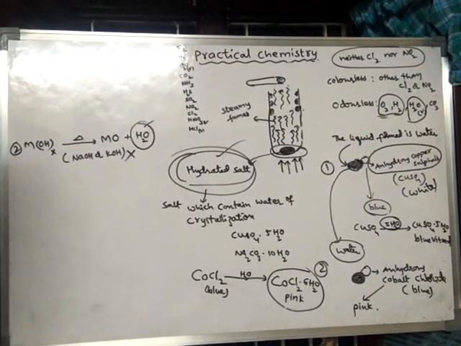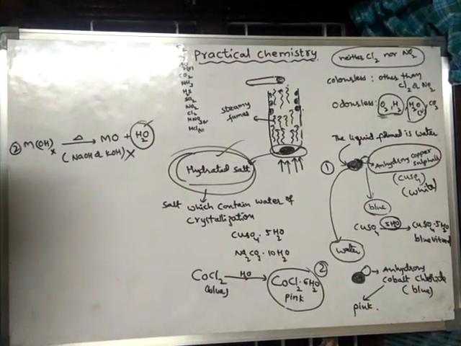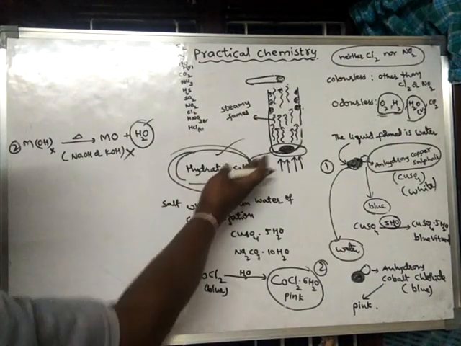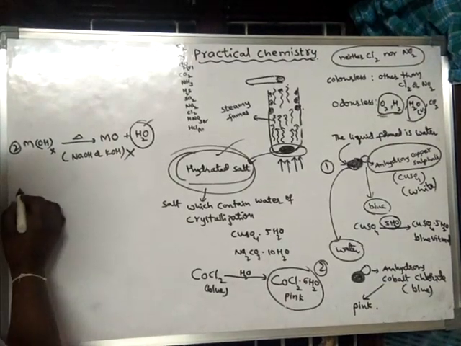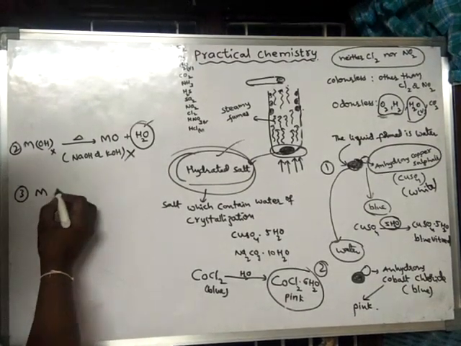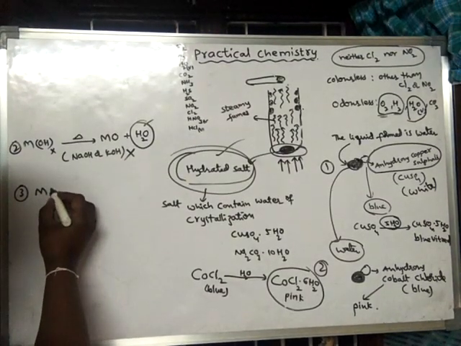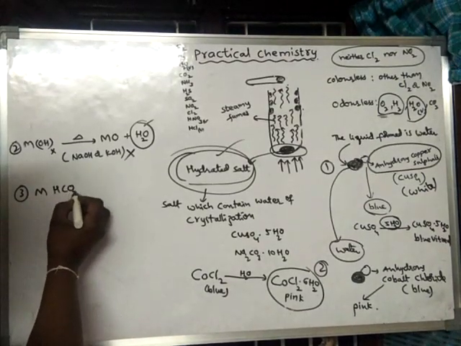And one more thing: water can be obtained by several methods. In practical chemistry, generally we use hydrated salts, or metal hydroxides, or metal carbonates, or metal sulfides, or metal bicarbonates. Metal bicarbonate means HCO3.